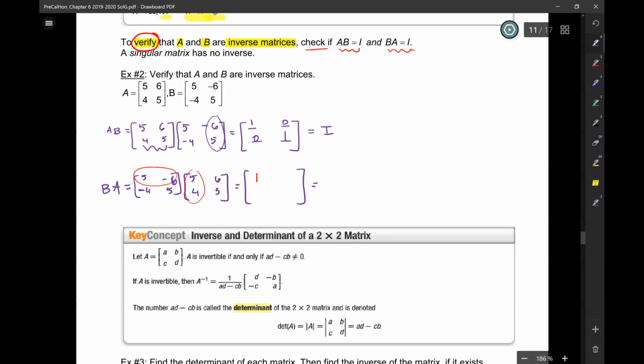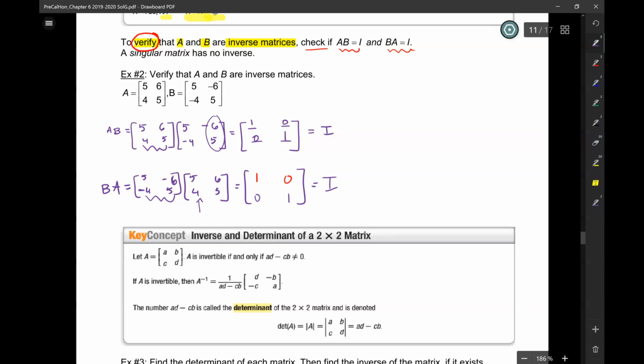Row 1, column 2, 30 minus 30, 0. On the bottom, I get 0. And then I get 1. Identity matrix.